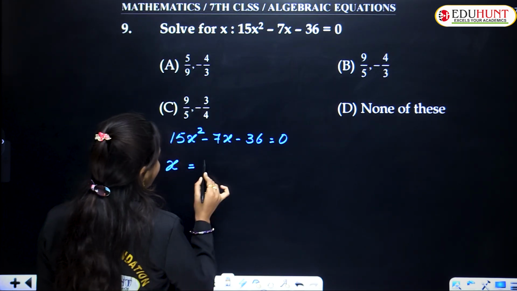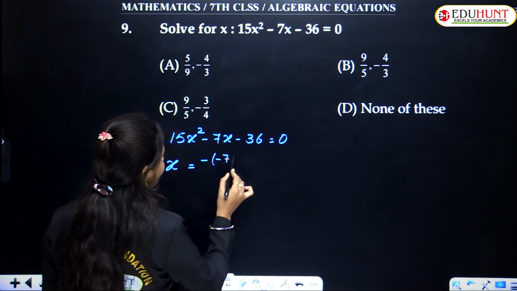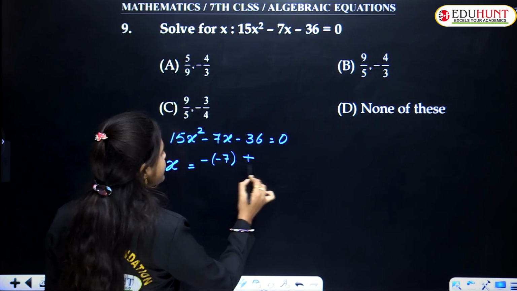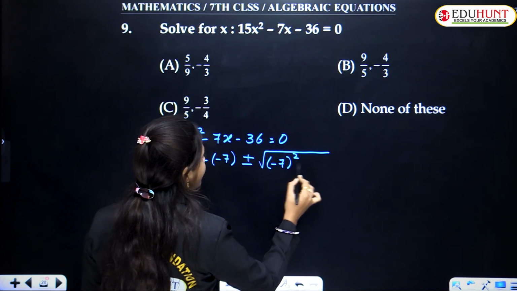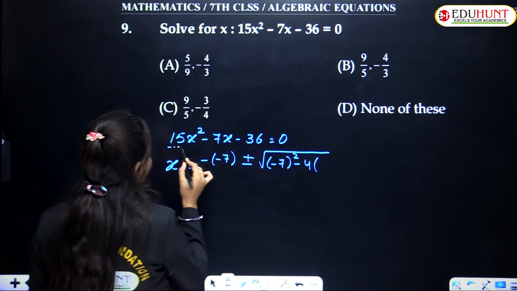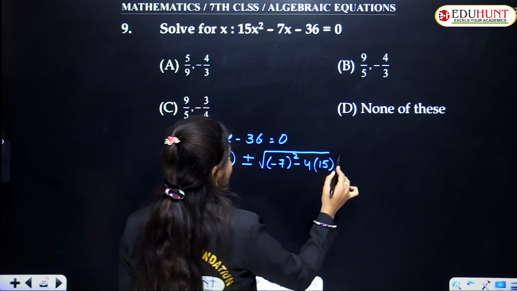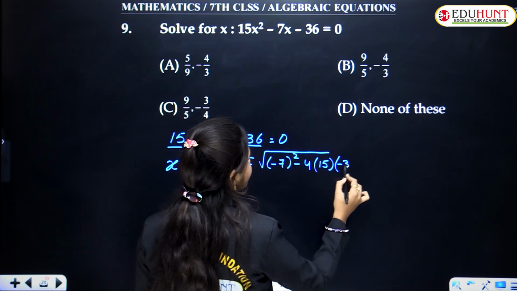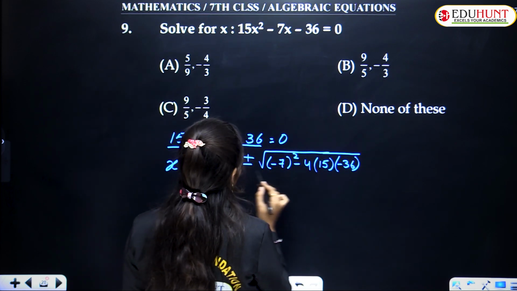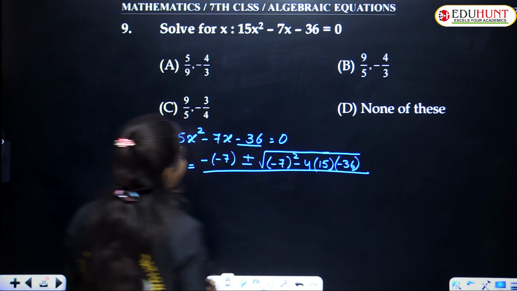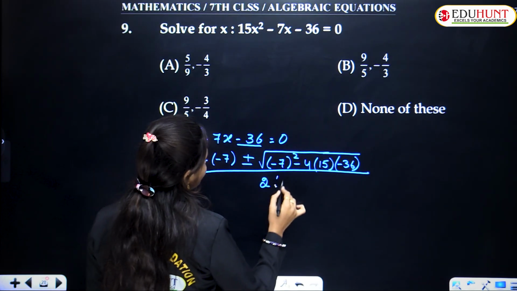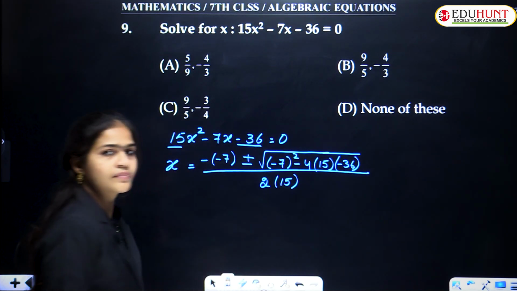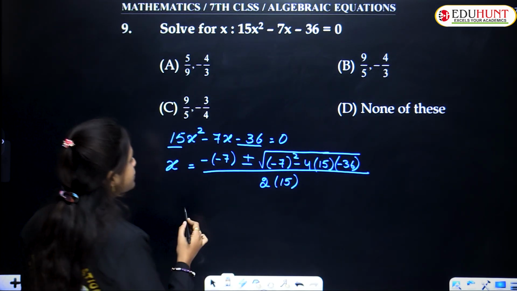So minus b means minus of minus 7, plus or minus square root of b square minus 4ac, whole by 2a. So 2 into 15. Understand? Directly I substituted those values.